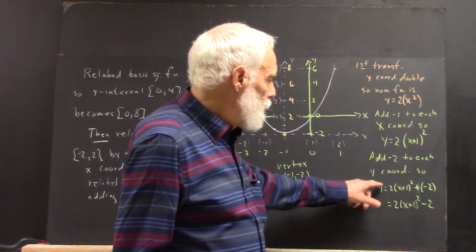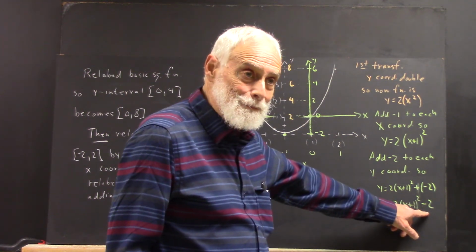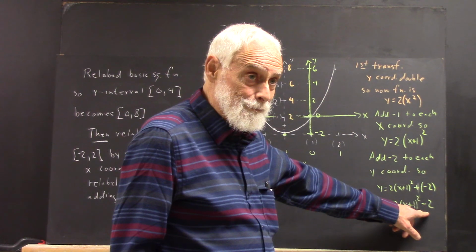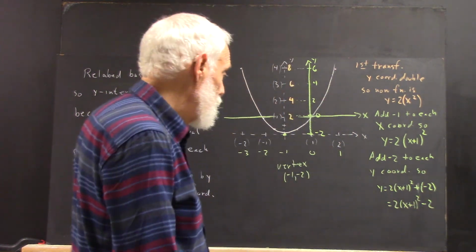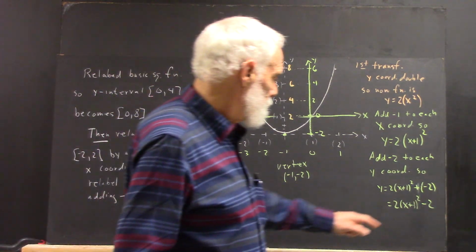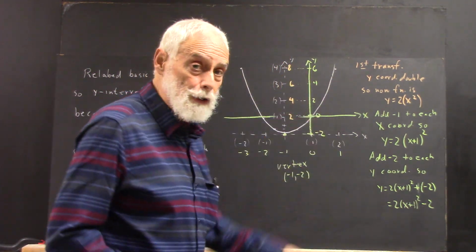Then we add 2 to each y-coordinate, so the y-coordinate does become 2 less. So there's our function. Now let's see if that function seems to match the graph according to our new set of axes.